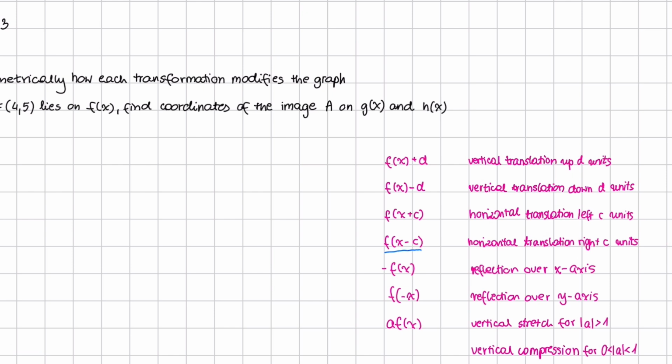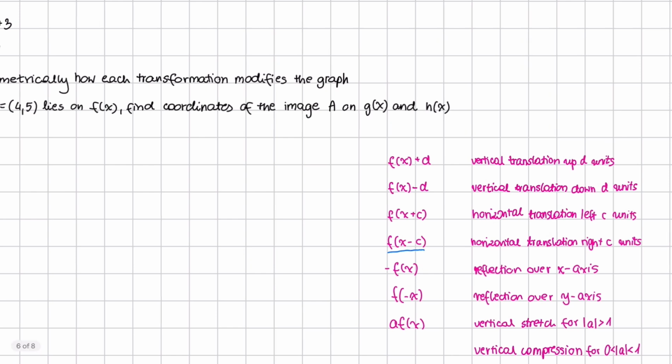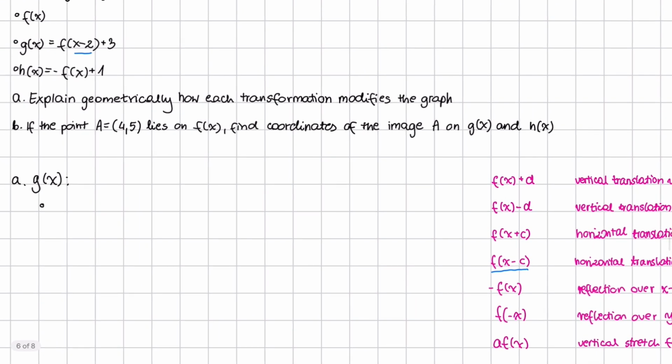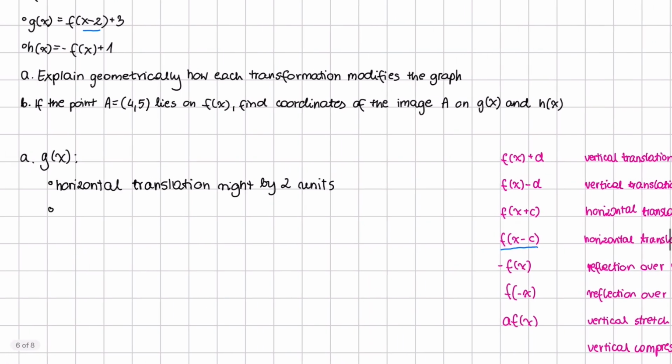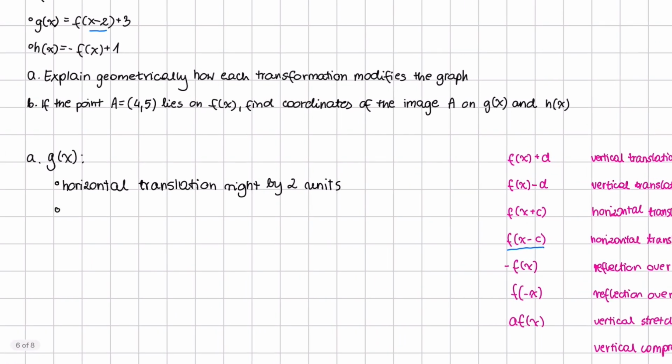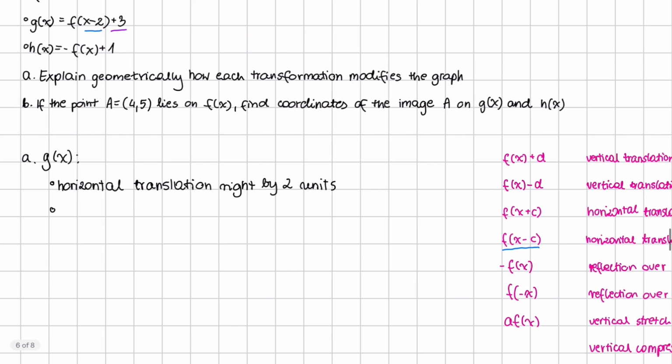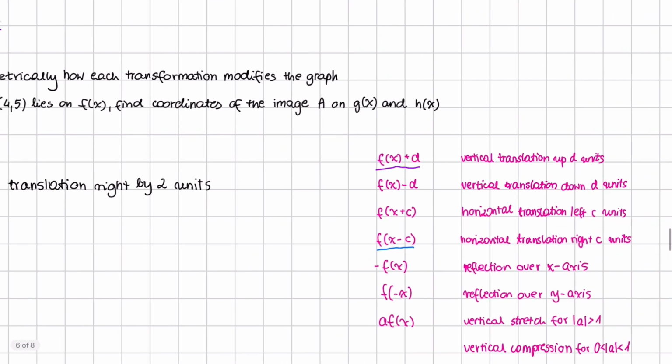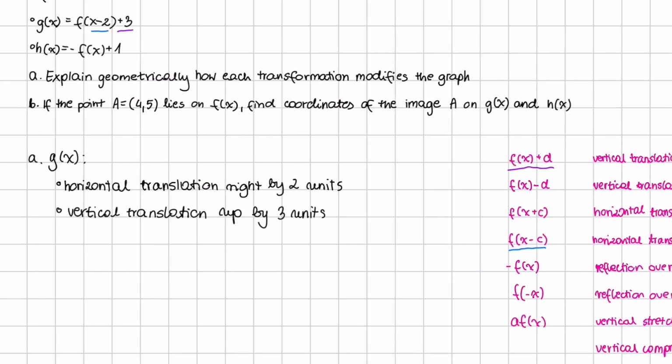We have a horizontal translation right by 2 units, because we have minus 2. And then we're left with 3, and this is vertical translation up by 3 units. And that's all with g.